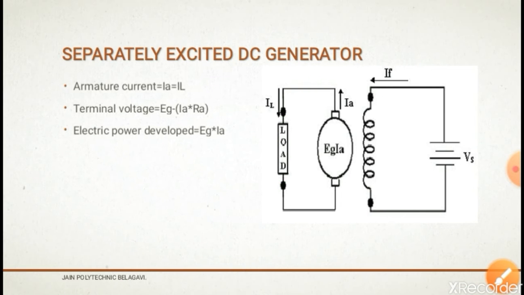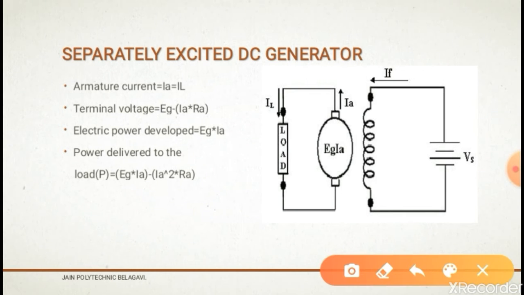The electric power developed is given as Eg into Ia, and the power delivered to the load is the power developed minus its losses. The loss is given as Ia square into Ra.